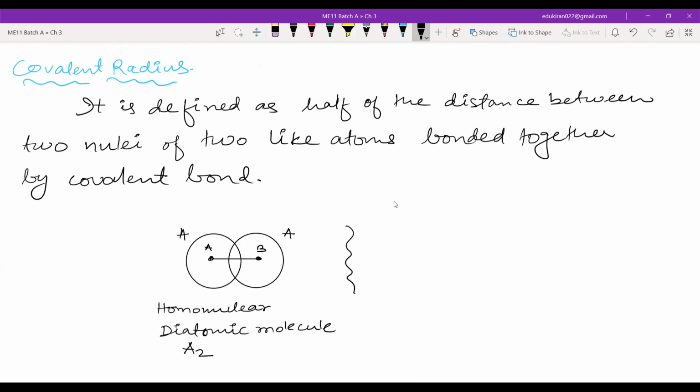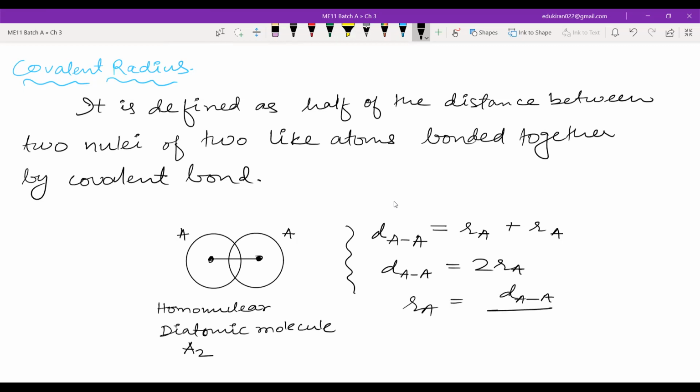That means the distance between the centers of A and A is equal to the radius of A plus the radius of A. There are two atoms of A. So the distance DAA is equal to 2 times the radius of A, and that is why RA is equal to DAA divided by 2.